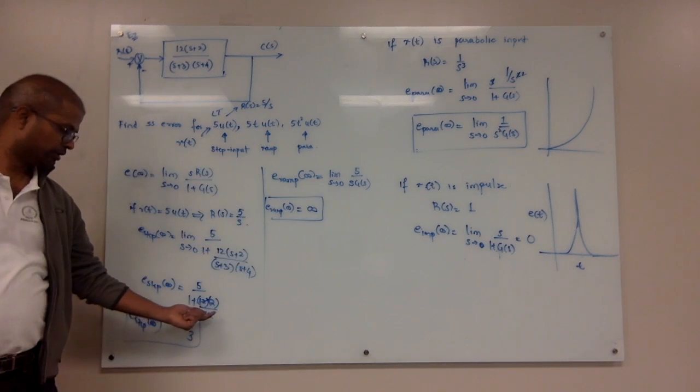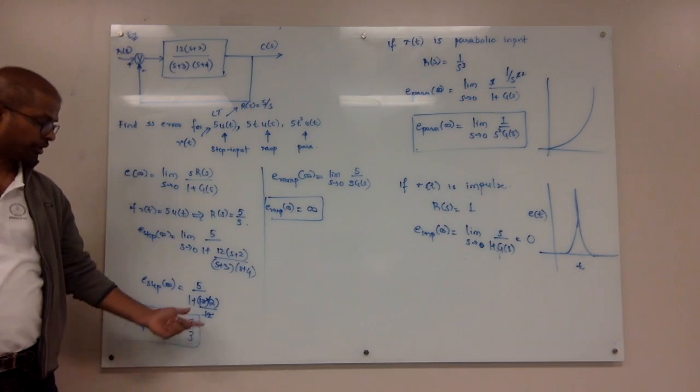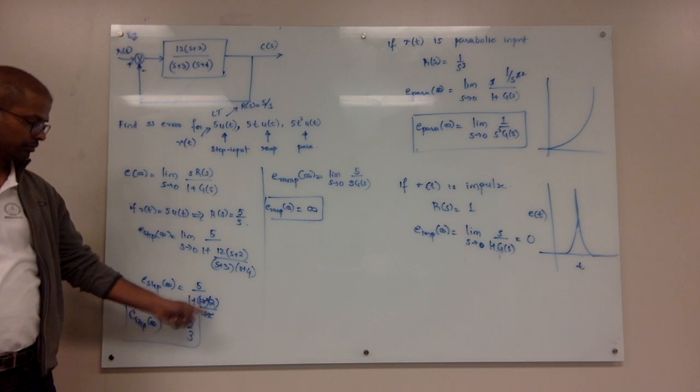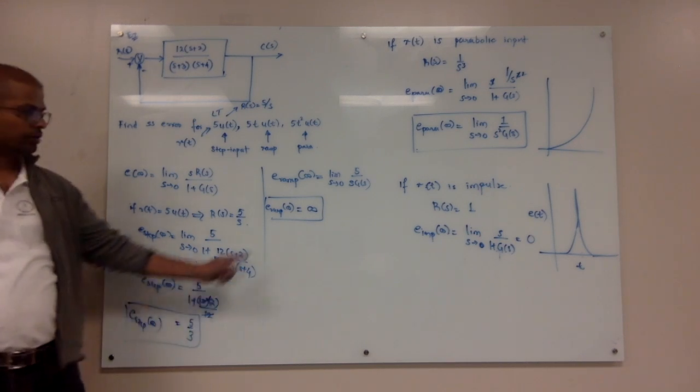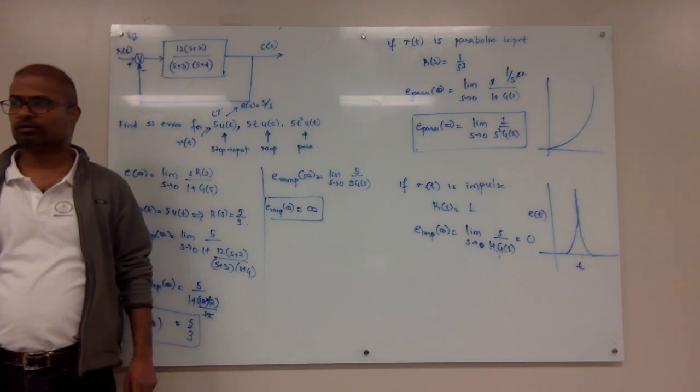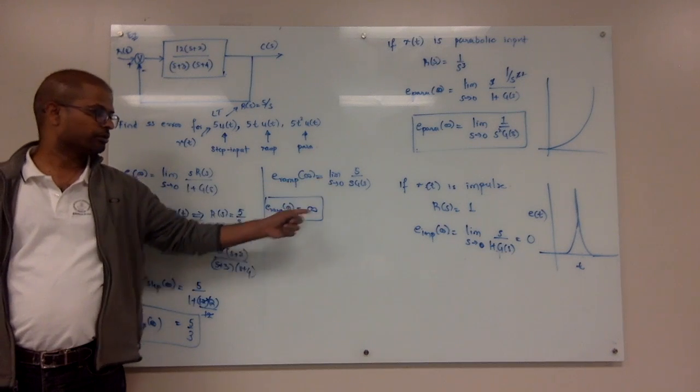It is 2, right? So 2 into 0 is 0. Something over 0 is infinity.